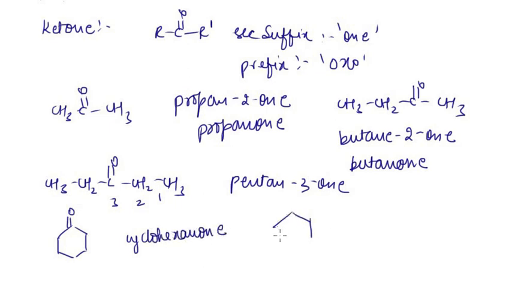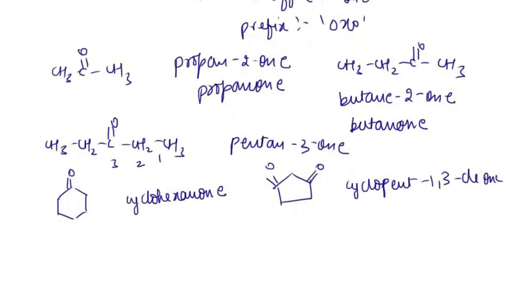Now if we talk about this compound, cyclopentane 1,3 dione. Now we go further. In that particular group, we have to consider the cyclic chain as the main function group.